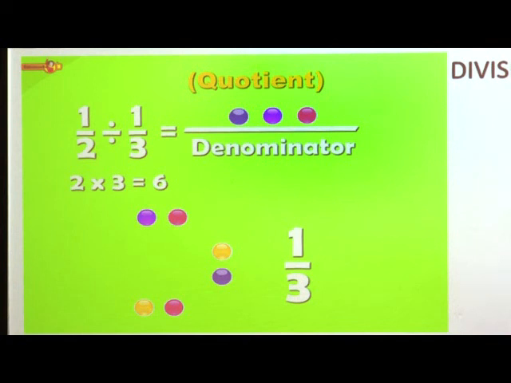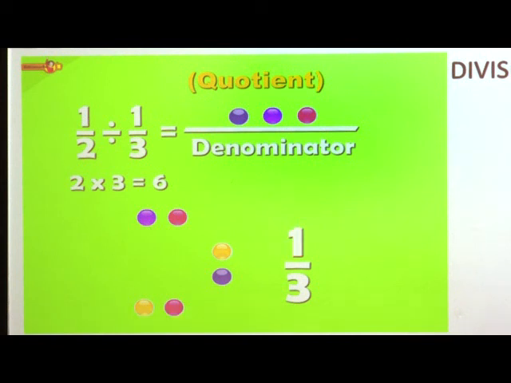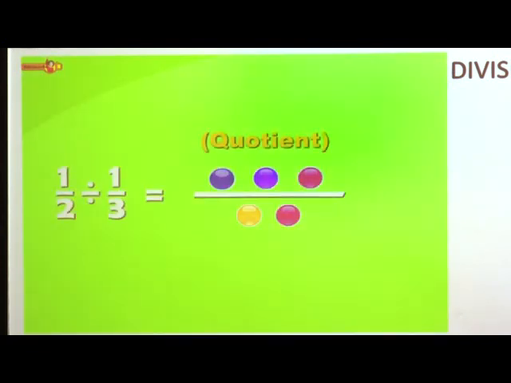Since the numerator of the second fraction is also 1, so we will keep only one group. This group will be the denominator of the quotient. Hence, the quotient we obtained after dividing 1 over 2 by 1 over 3 is 3 over 2.